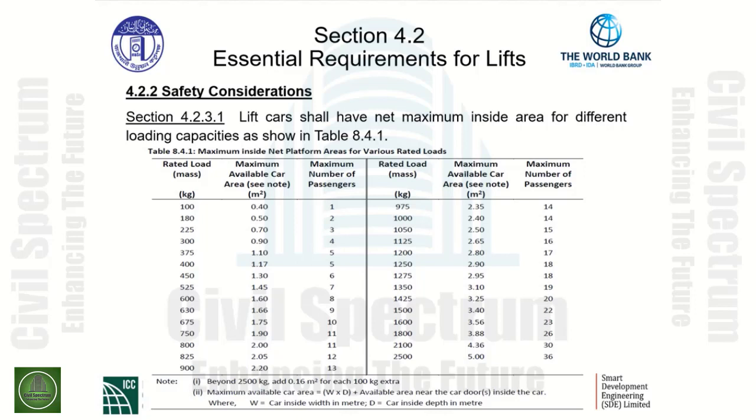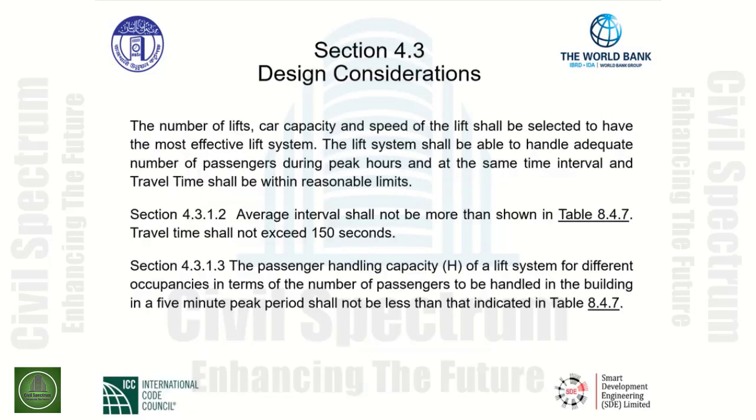And the maximum number of passengers accommodating that particular area would be 7. As you can see, as the rated load increases, the maximum available car area increases, and so does the maximum number of passengers.